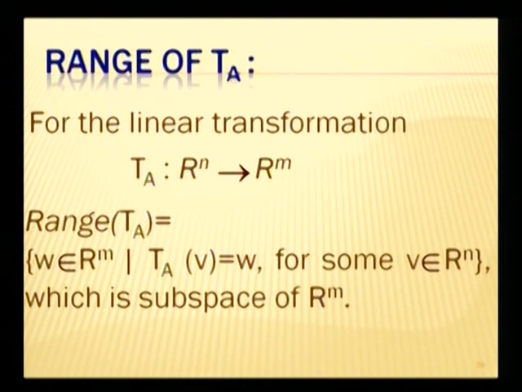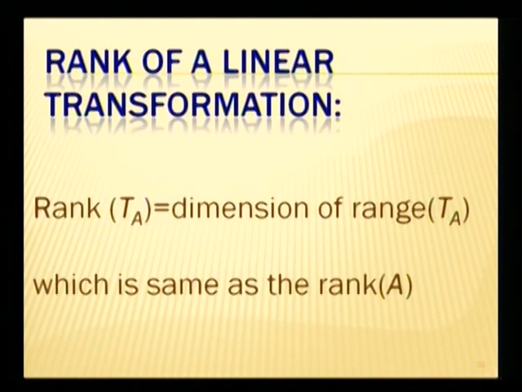So here we can say that the range is a subspace of Rm. And the dimension of the range of TA is called the rank of TA, which is the same as the rank of A.